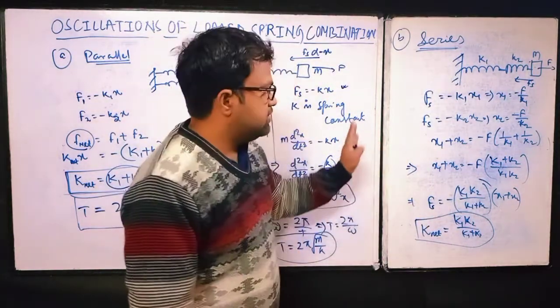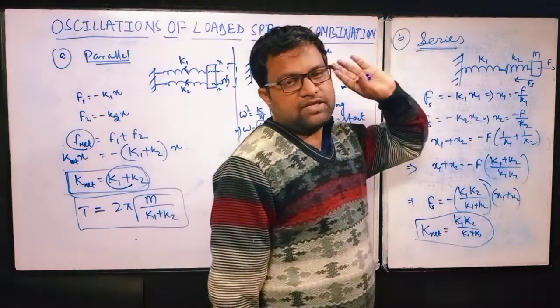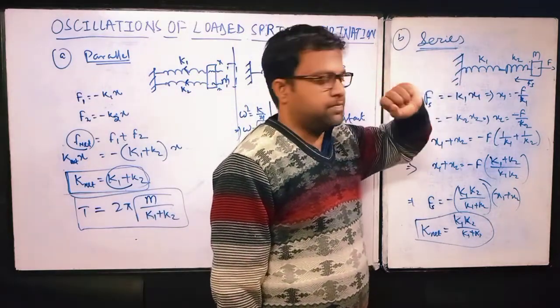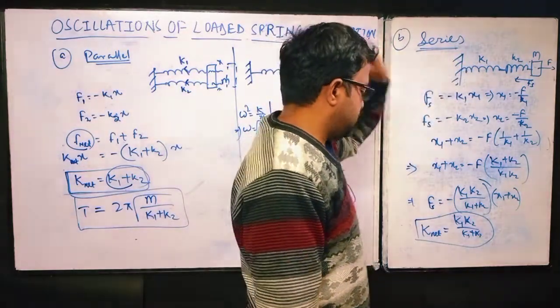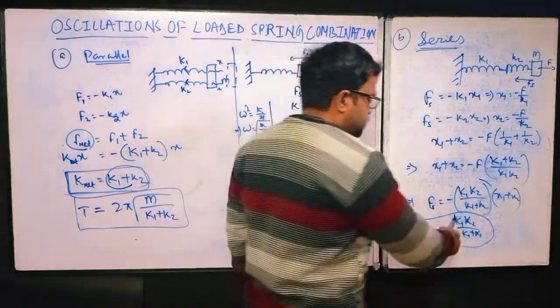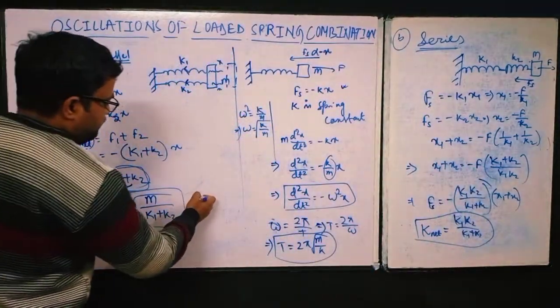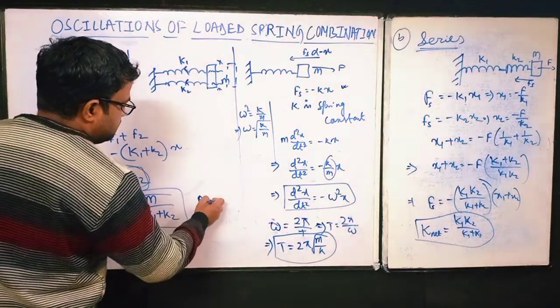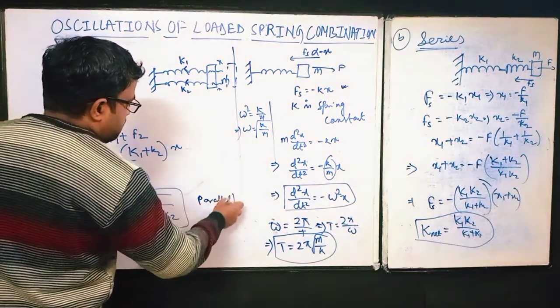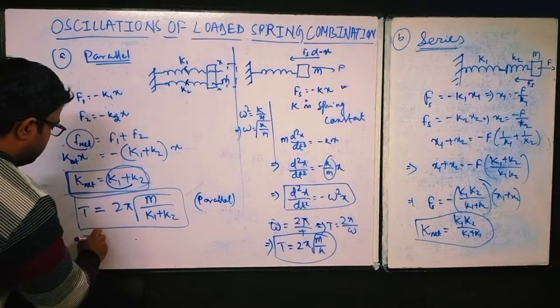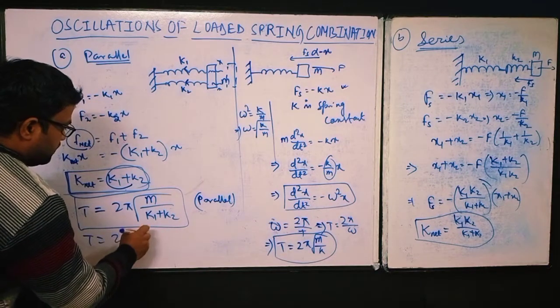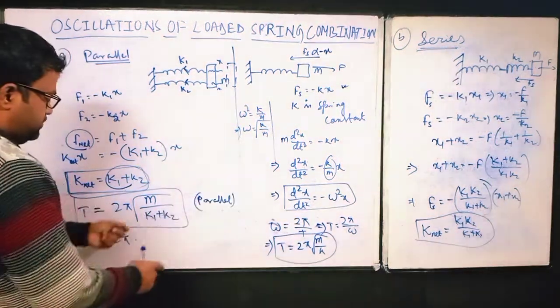This is like, springs in series are like resistors in parallel, and springs in parallel are like resistors in series. So you can find out your time period. This is the time period for the parallel case, and for series the time period will become 2 pi root of m by k.